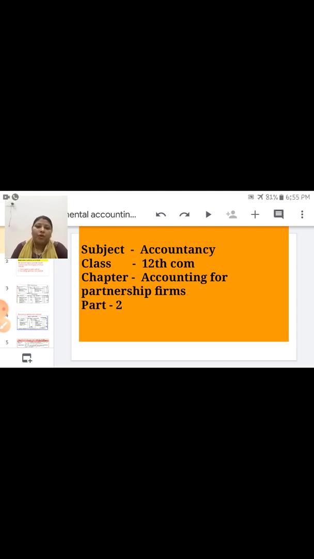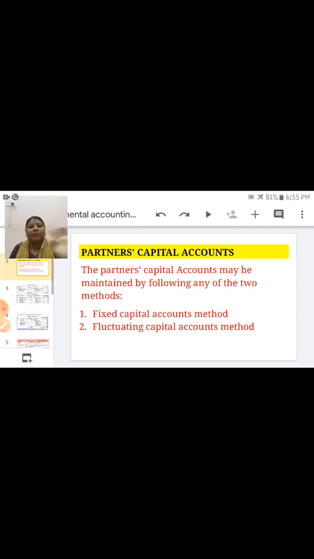I hope you all have solved the questions of interest on loan and profit and loss appropriation account. Now, today we will start with the partners capital account.